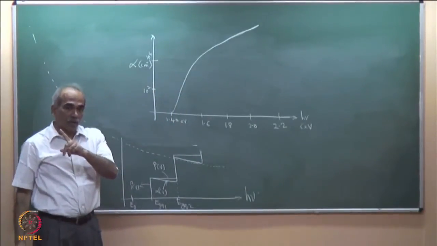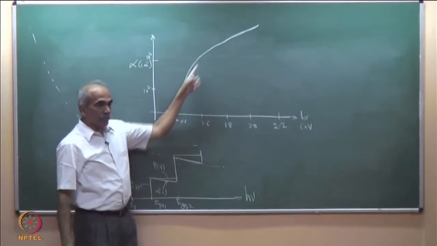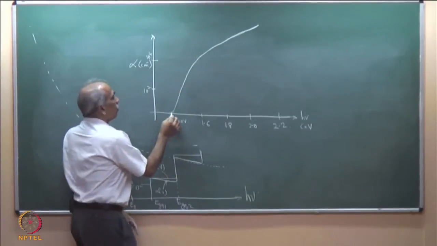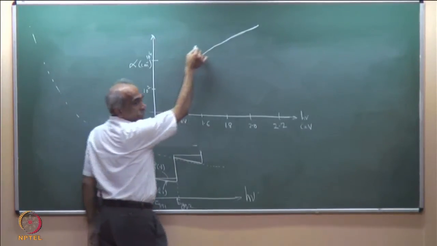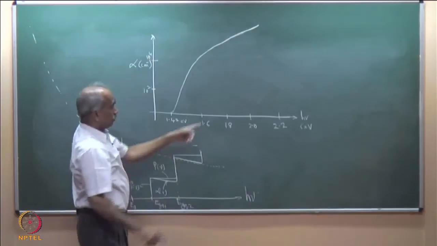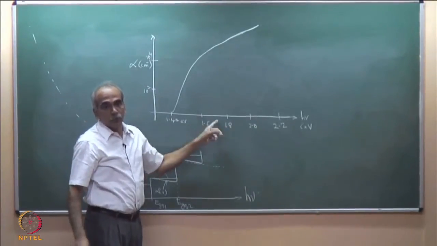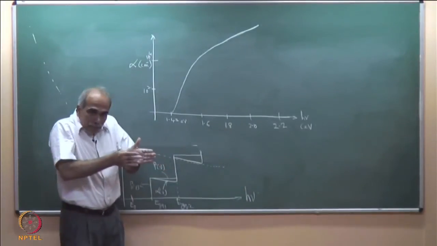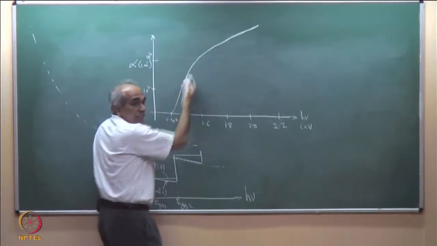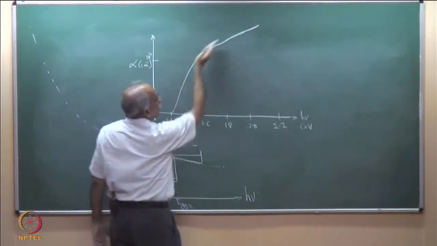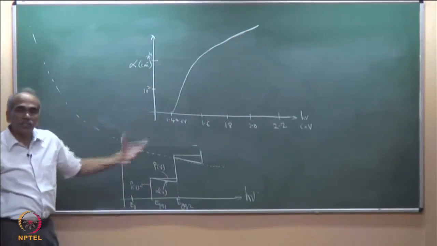Compared to what I had drawn earlier, I have tilted this. You remember earlier I had drawn it almost vertical, but remember my scale was different. It was going to 1, 2, 3 eVs. Now I have just expanded the scale, that is why it is slightly tilting, going at an angle because of the expansion in the scale.